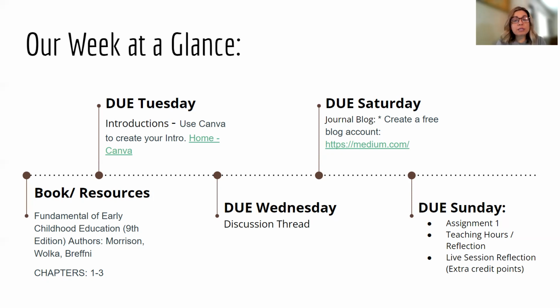Discussions are really important in this course. So it's important that you spend a lot of time conversing with your peers, because this is an online course. The discussion thread is a big part of how we collaborate. Okay. And that is due every Wednesday. Again, more details on the discussion thread specifically are there on Canvas.